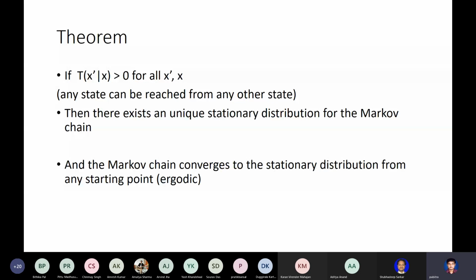Okay, so this is the basic principle of Markov chain based sampling. That means you want to sample from a target distribution P. You design a Markov chain so that P is the stationary distribution for that Markov chain. And then you simulate the Markov chain and throw away the first burn-in phase, say 1,000 samples.